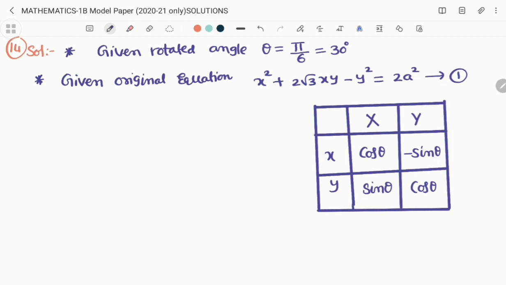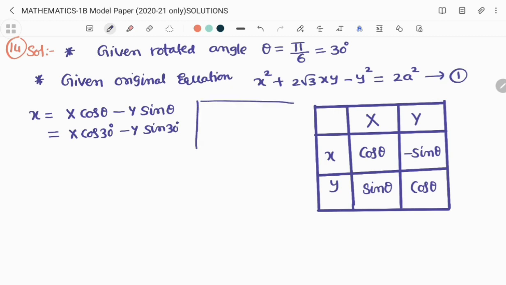Not compulsory to draw, but for convenience, we'll do it like this. This is the best way. So from the table, small x is equal to capital X cos theta minus capital Y sin theta.